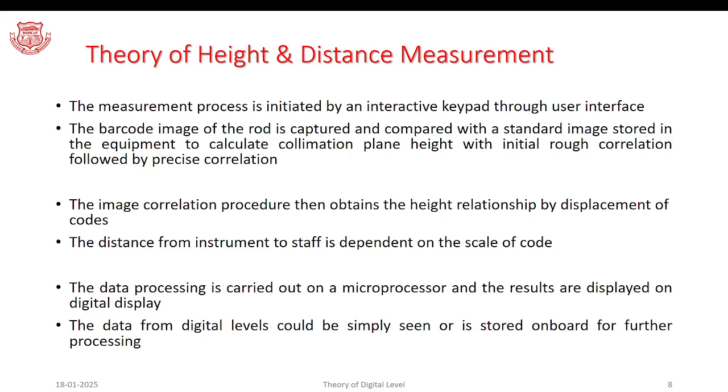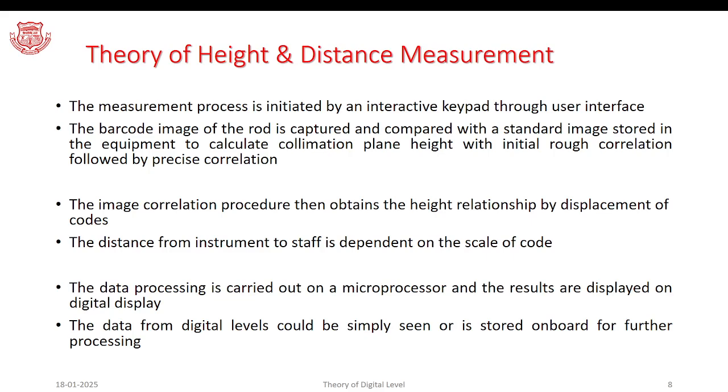As just mentioned earlier, the bar-coded image of the rod is captured and compared with the standard image that has been stored in the memory of the equipment to calculate the collimation plane height with initial rough correlations, and subsequently it enters into precise correlation through the inbuilt programs.